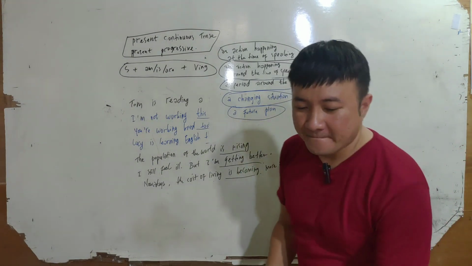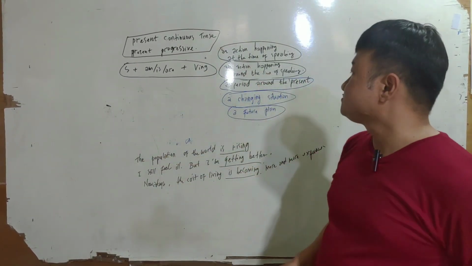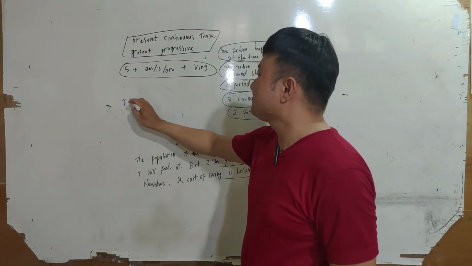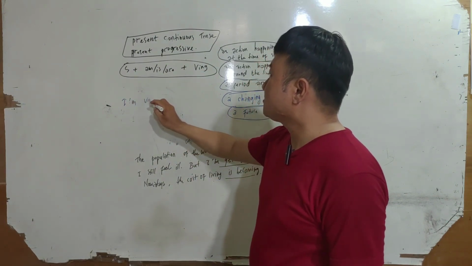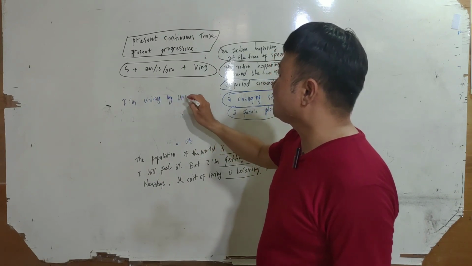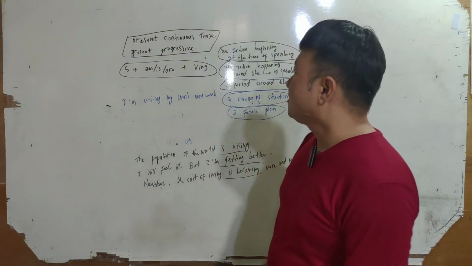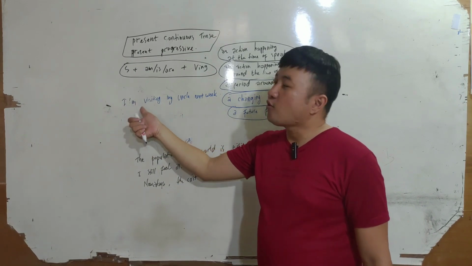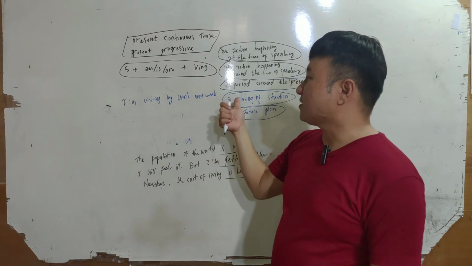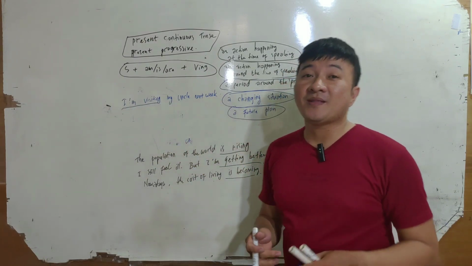For example, I'm visiting my uncle next week. It is the same as I'm going to visit, or I'm visiting my uncle next week. See, it's my intention, my plan for the future.